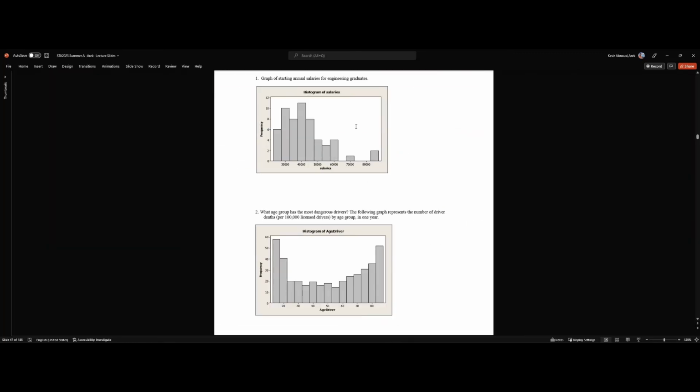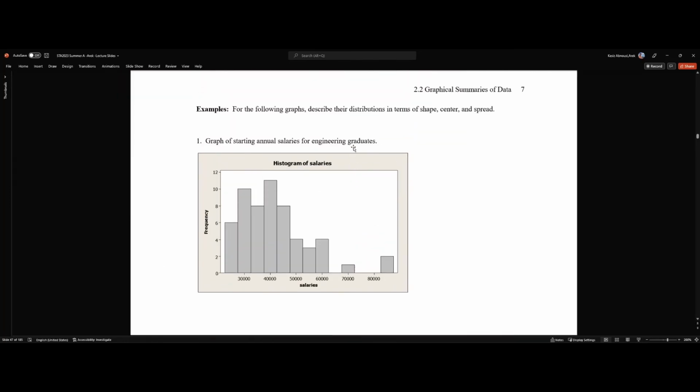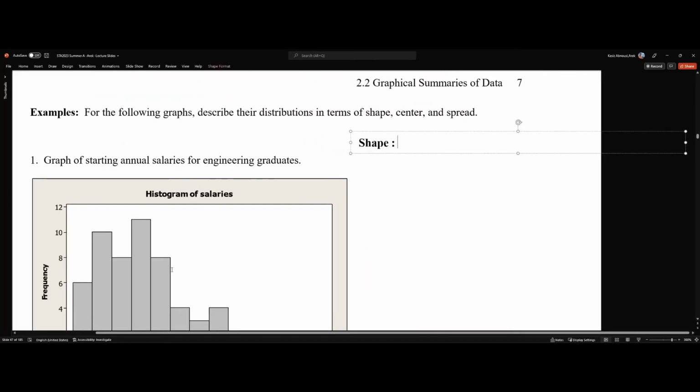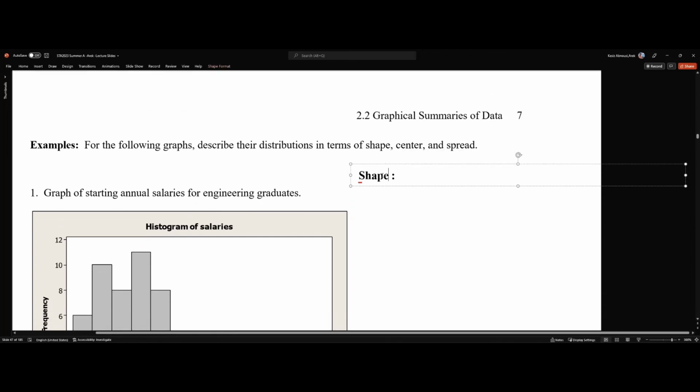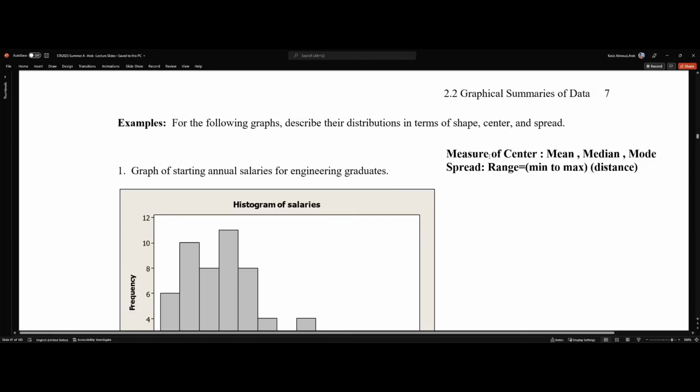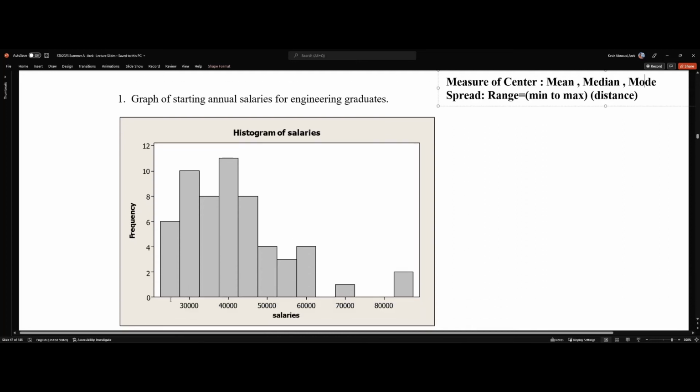Now we'll do these two questions. We'll describe. The shape is the curve that we're drawing, and the shapes are the ones that we previously described: left skewed, right skewed, bimodal, unimodal, etc. About the measure of center, these are the mean, the median, and the mode, and the spread is usually the range, which is from the minimum point to the maximum, which is 85,000 in this example.